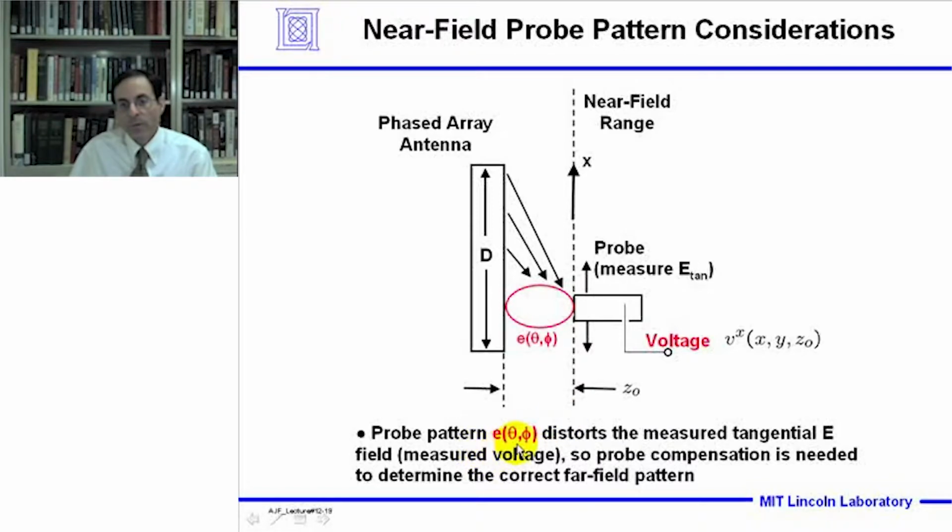So the probe pattern E of theta phi distorts the measured tangential electric field, or the measured voltage, and we need to compensate for the probe to determine the correct far field pattern of the phased array antenna under test. So we either calculate the voltage or we measure the voltage.